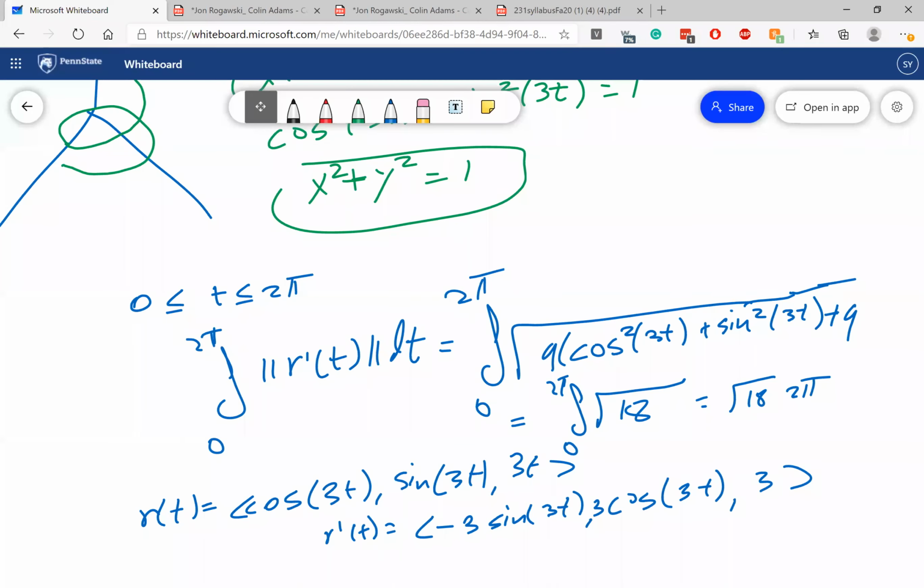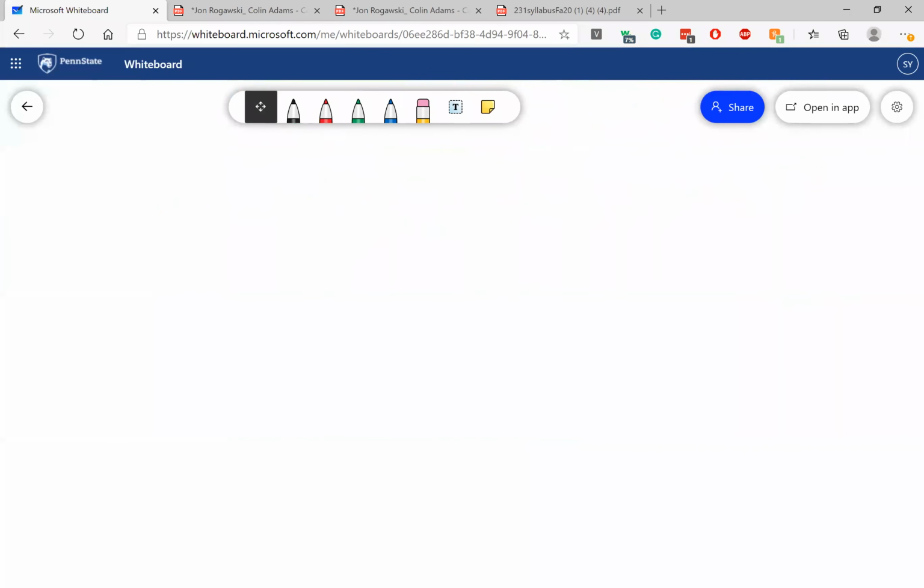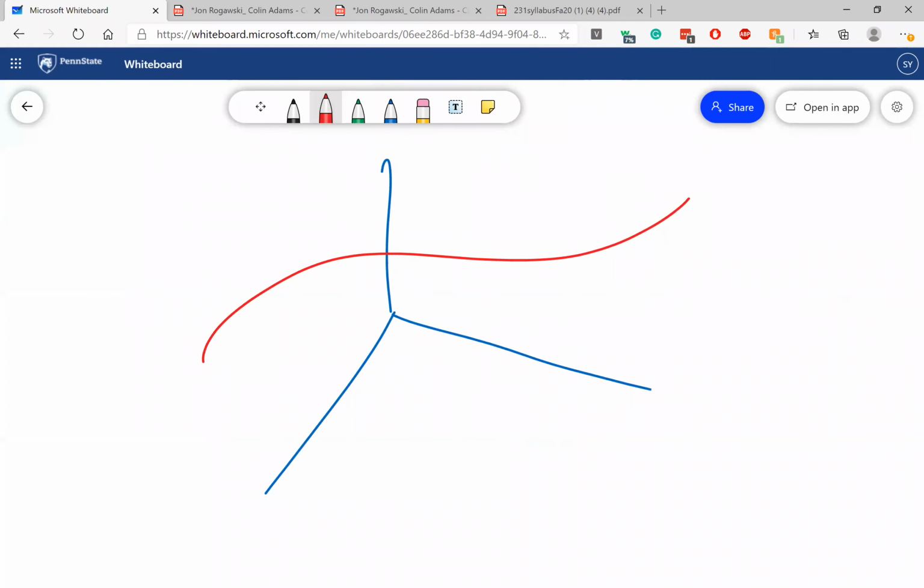So what this means is, if you have a curve and you want to find the speed at some point on the curve, how quickly the particle is moving exactly at this point. Well, first we said we could look at the tangent vector, and that was r prime of t. But the tangent vector doesn't really give you the speed. It just tells you the direction in which this particle would be moving if I cut the curve right here.